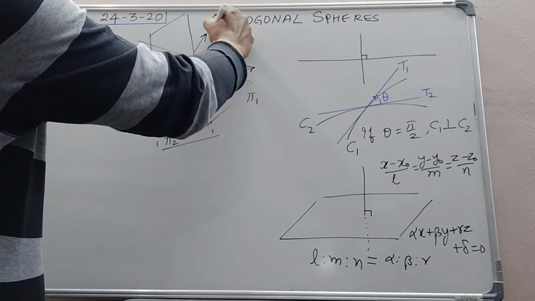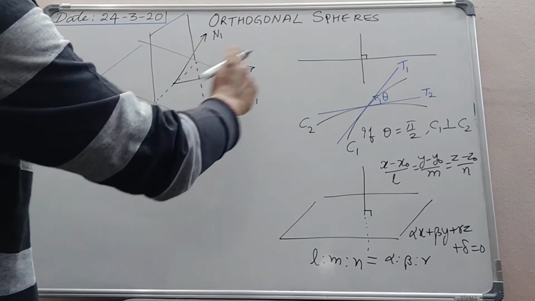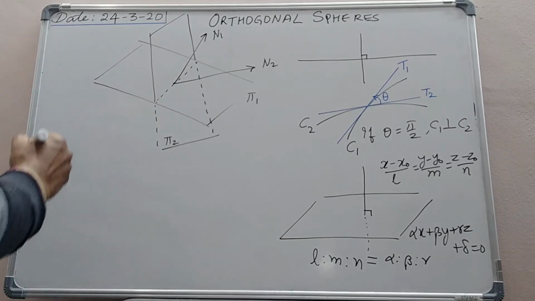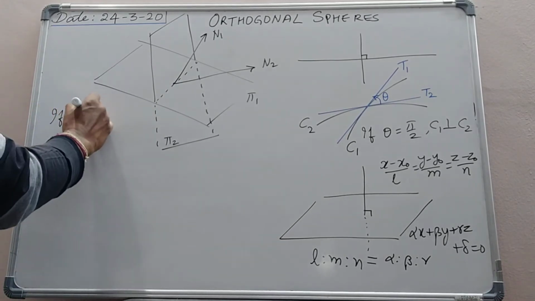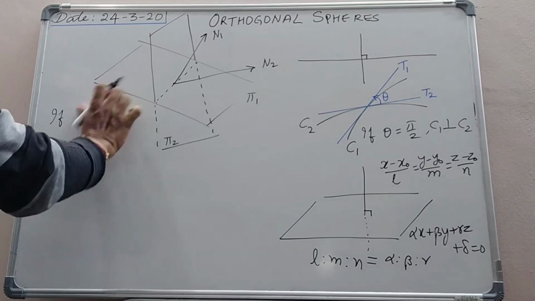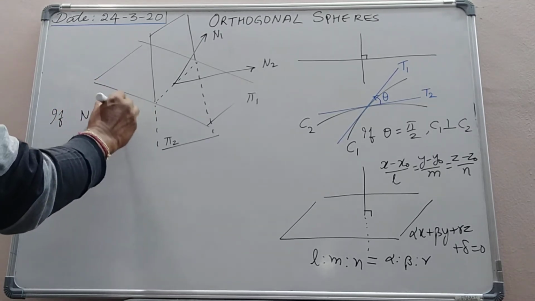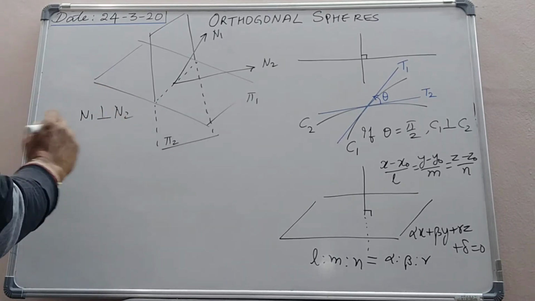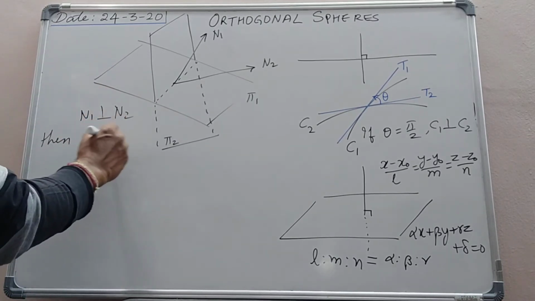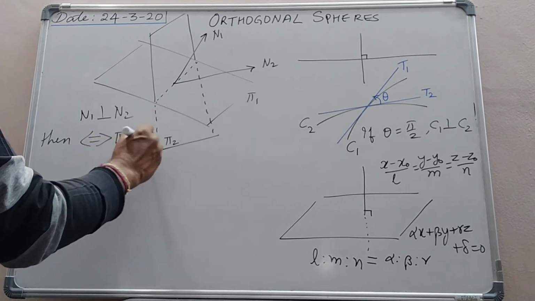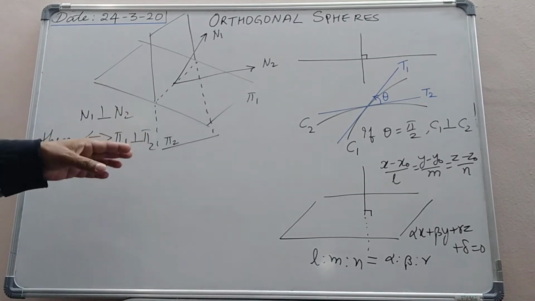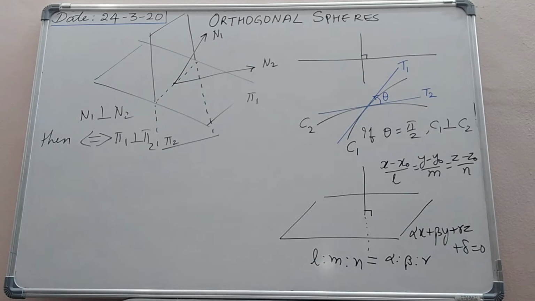To pi 1 I have a normal n1, and to pi 2 I have a normal n2. Alright. n1 is perpendicular to n2 if and only if pi 1 is perpendicular to pi 2. So that is the kind of definition we would like to give. The two planes are perpendicular if and only if the angle between the normals is 90.